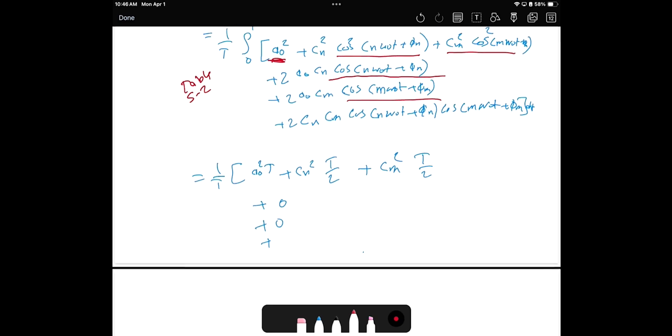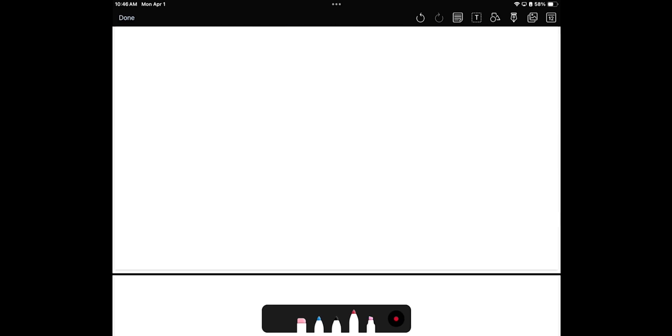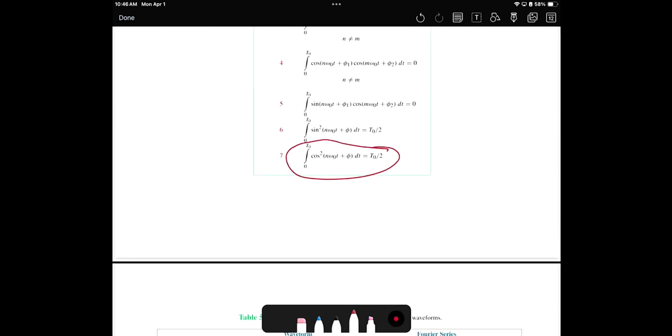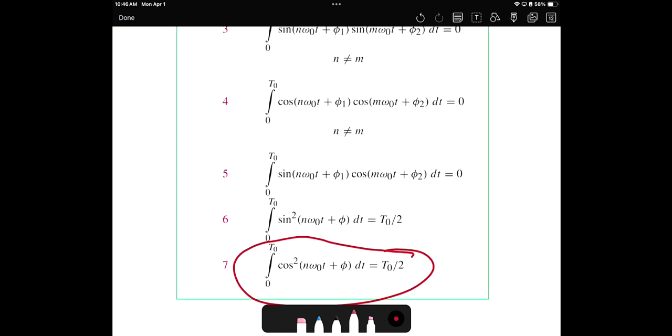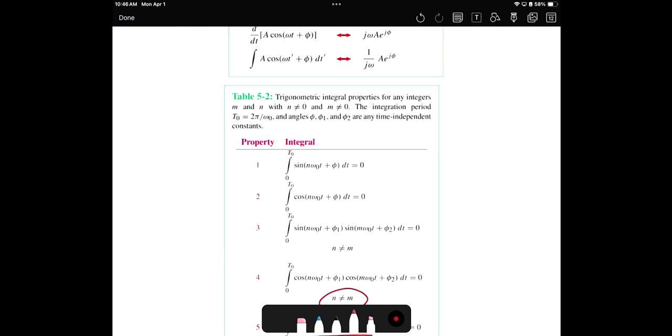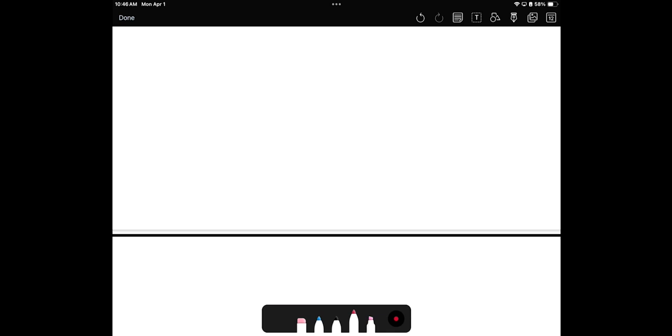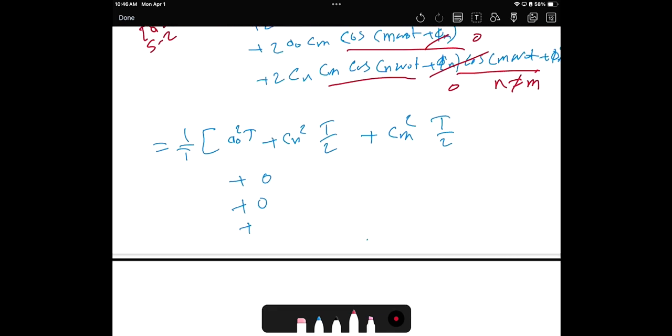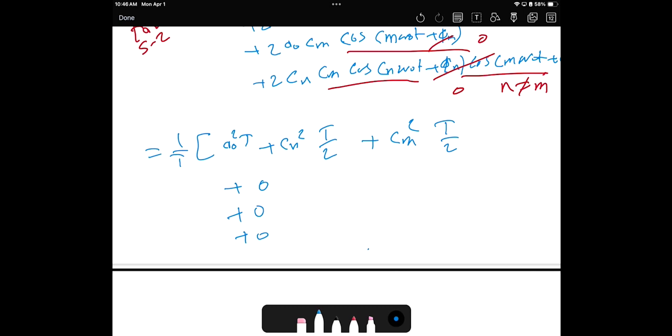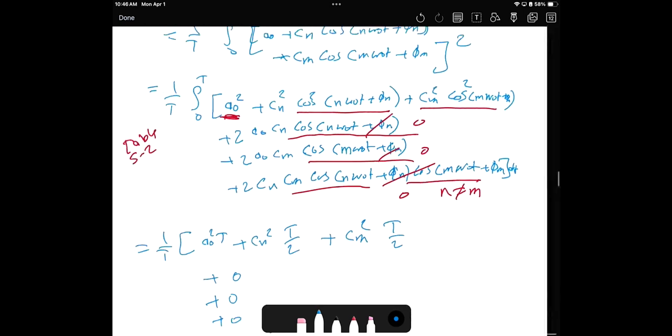That's given in table 5.2. Let me go through it. Sine times cosine, such that n does not equal m, it will be 0. So let's go back here. Then it will be plus 0. So the only terms that remain are the 3 terms, while the rest are zeros.